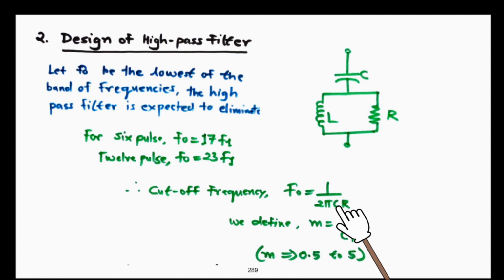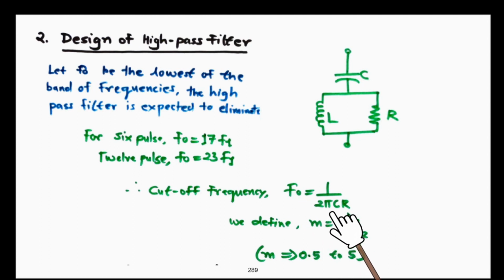That will be equally divided among these 5 filters, and each one will supply 20 MVAR. From there, if the capacitor has to supply 20 MVAR for a frequency of 23rd harmonic elimination, then it is possible to arrive at the value of C.